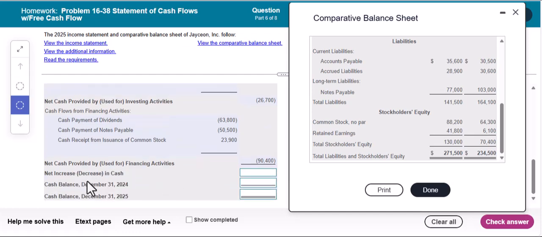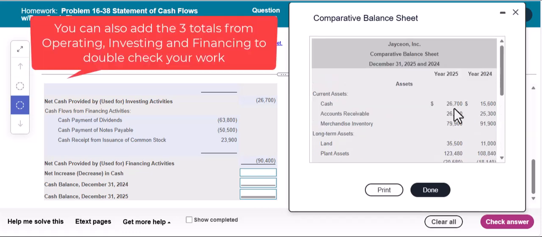We have net increase, decrease in cash, so that one is easy. So we'll scroll back up to the top of our balance sheet, and then we're going to grab the difference in cash here. So it looks like we have more cash than in 2025, so that's an increase in cash. And that amount is going to be 11,100. So that is positive because cash is increasing.